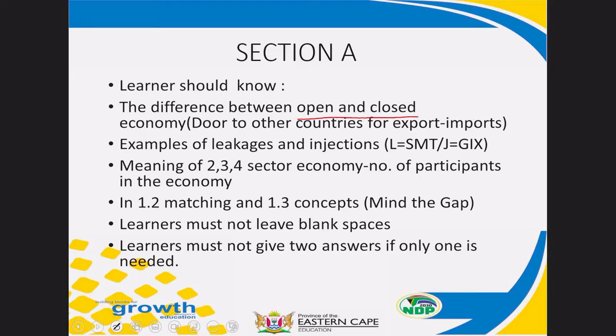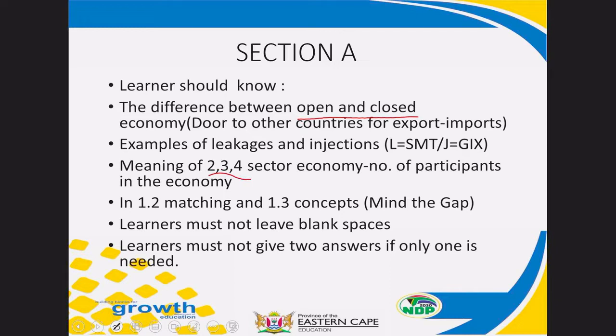And also, you must be able to differentiate between different sectors. When we talk of a 2-sector economy, when we talk of a 3-sector economy, when we talk of a 4-sector economy, what do we mean? Remember, please, that when we talk about your 2-sector economy, it's your economy where you've got your households and your businesses.